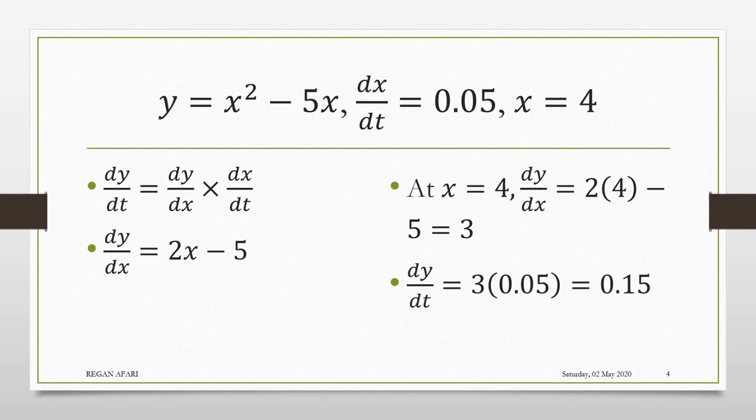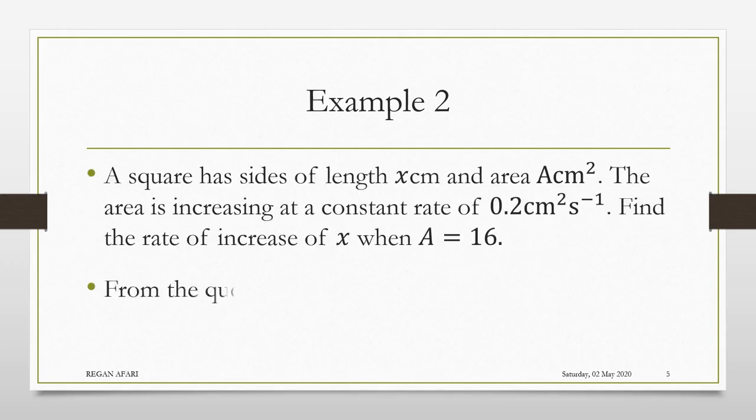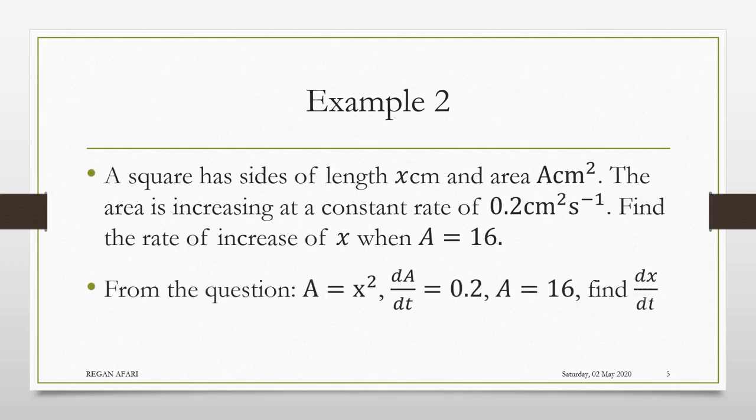Let's consider another example. This is a bit different, so let's pay attention. A square has sides of length x centimeters and an area of A cm squared.